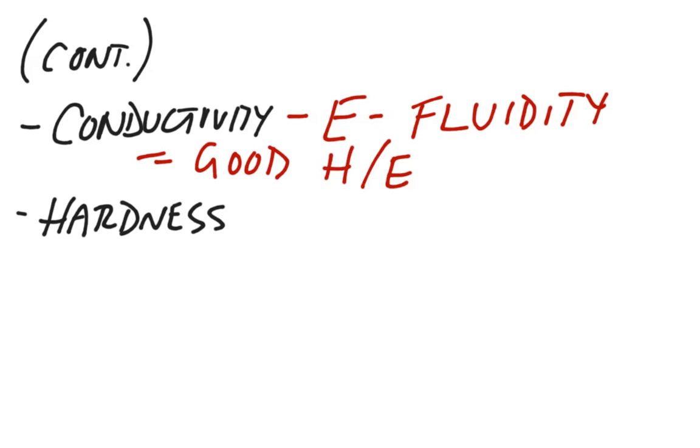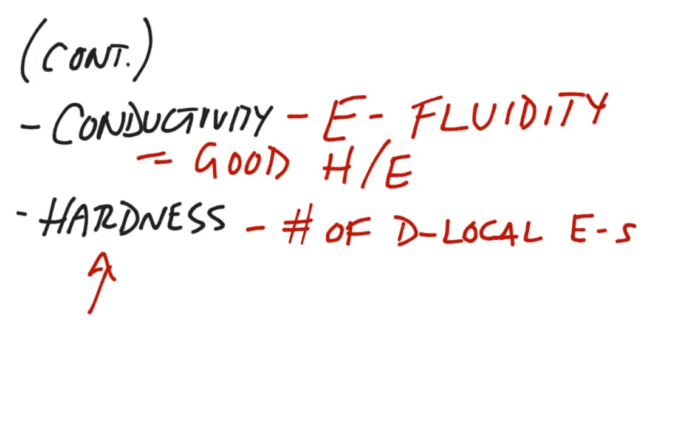The strength of a metal, however, is determined by the number of delocalized electrons. The higher the number, the harder they are. One fine example is that of sodium. Sodium is a very, very soft metal. And it's very, very soft because sodium itself has only one valence electron, one delocalized electron. And as a result, it's much softer than something, say, like copper.